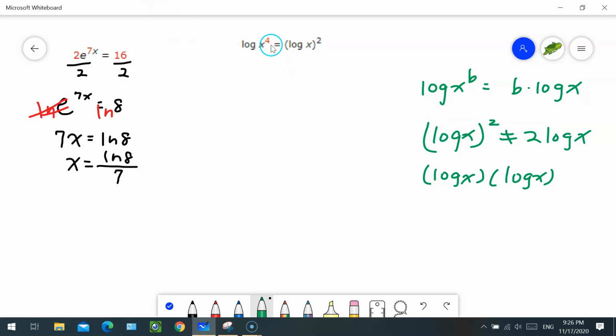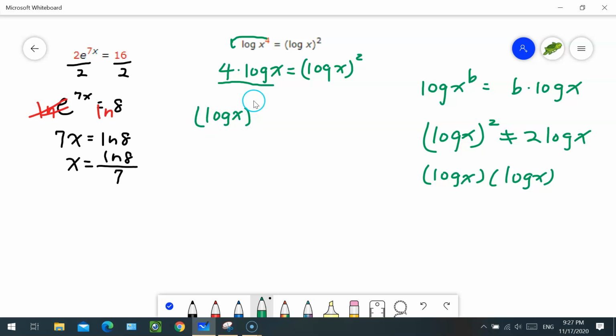Okay, so now how do we solve for this one? The first step, I'm going to bring the 4 to the front. So the left hand side, I will have 4 multiply log x is equal to log x everything squared. Now I'm going to bring this 4 times log x to the right hand side. So set the equation equal to 0.